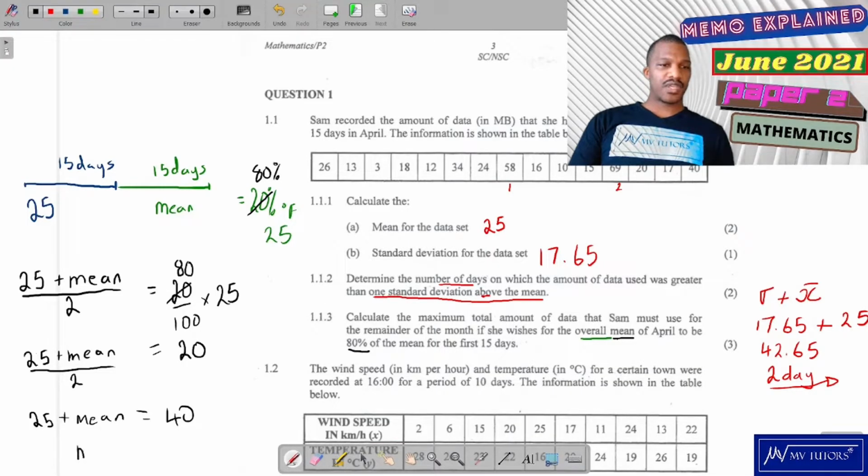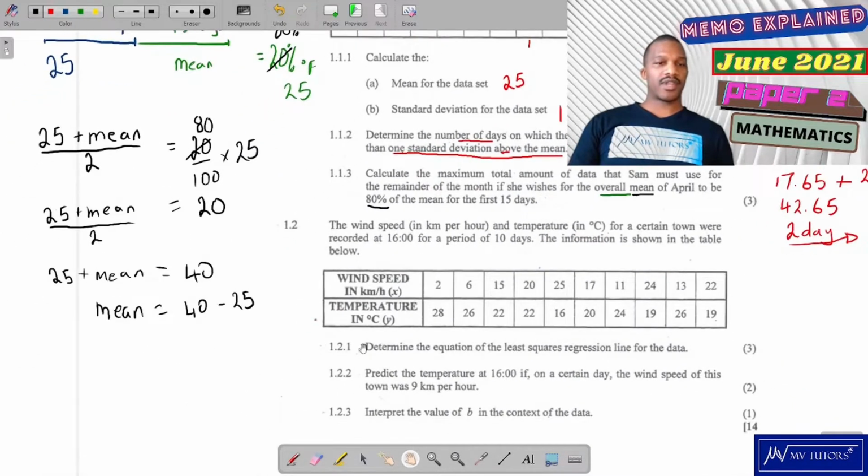And then the mean finally is going to be 40 minus 25. What is 40 minus 25? If you said 15, then you are correct. Okay, so the mean is 15.